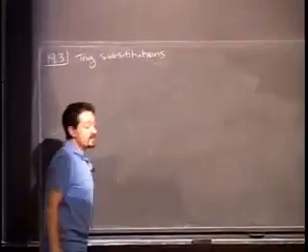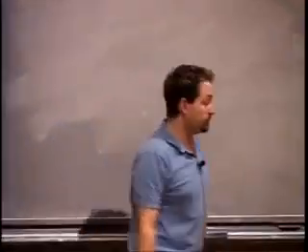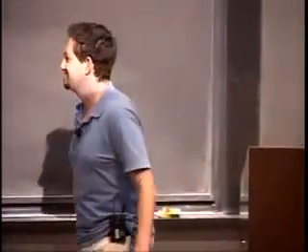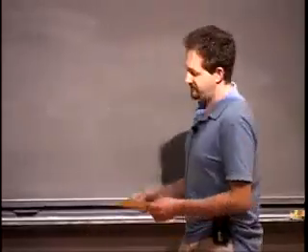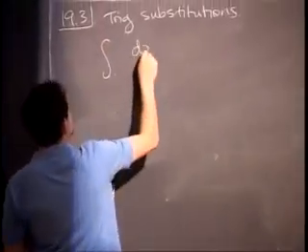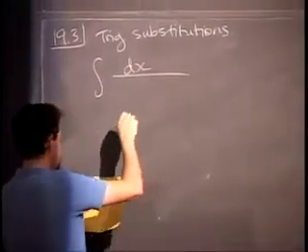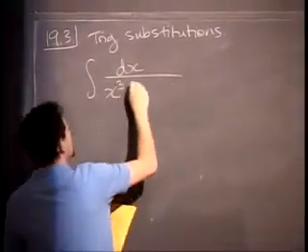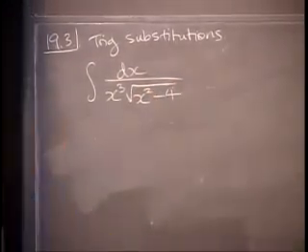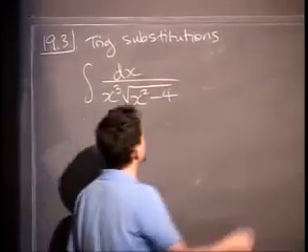Working in section 19.3 of my book, trig substitutions. Okay, this is, as it sounds, a form of substitution that involves trig. Well, it doesn't tell you how to do it. In fact, let me give you some sample integrals that would involve trig substitutions. I'm just going to write down 3 integrals, which we will solve in due course. dx over x cubed, square root of x squared minus 4.